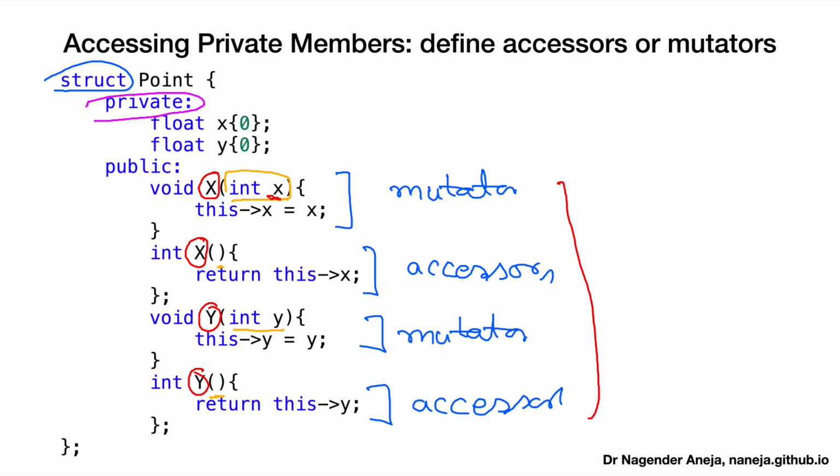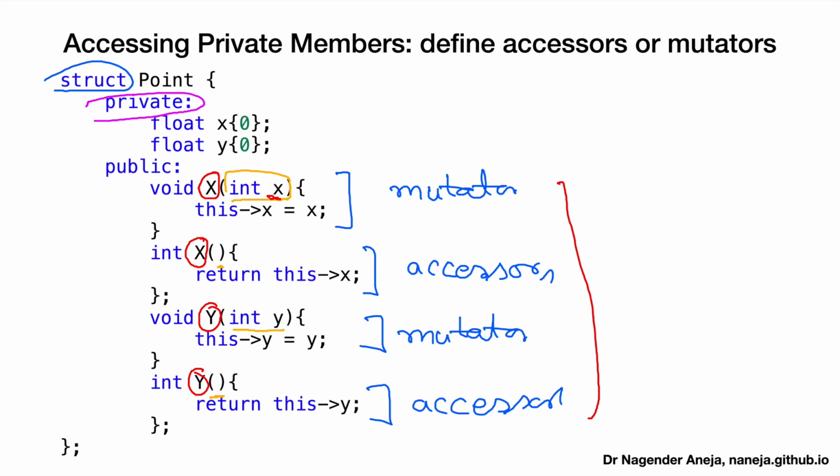If we have some rules in place, then we can enforce those rules here, because otherwise in main we can't enforce that. So the only benefit of having the accessor and mutator is that if we have some restrictions to assign the values of x and y, then we need to write these.